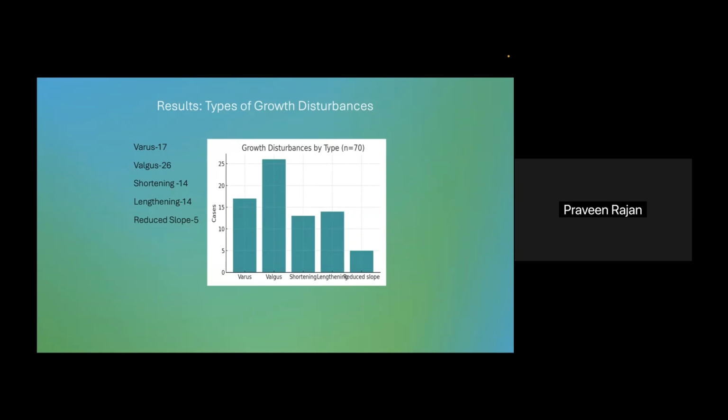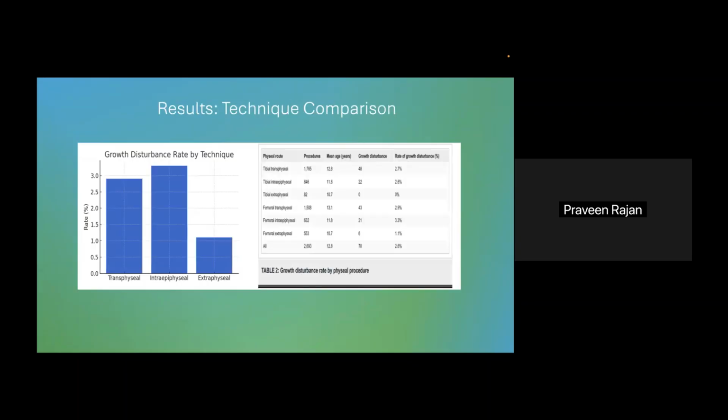We had very few cases of reduction of tibial posterior slope, probably because most of the articles didn't mention that. When we compare the growth disturbance rate by technique, femoral intraepiphyseal techniques had the highest rate of growth deformities, followed by transphyseal techniques.